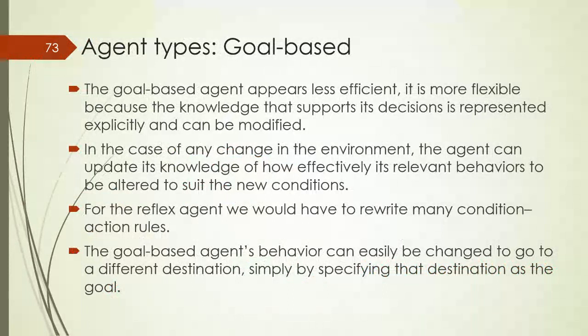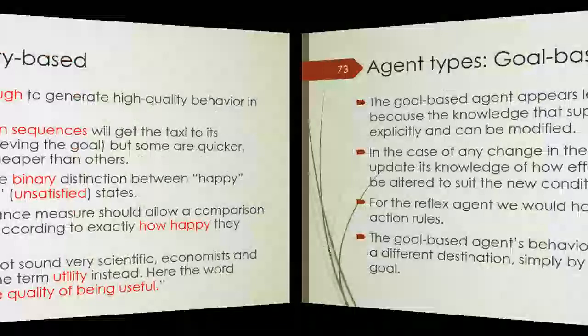For the reflex agent, we would have to rewrite many condition rules. So if your environment starts changing, well, all conditions might change. If you have just reflex-based rules, that is a problem. The goal-based agent's behavior can easily be changed to go to a different destination simply by specifying a different goal. More general.